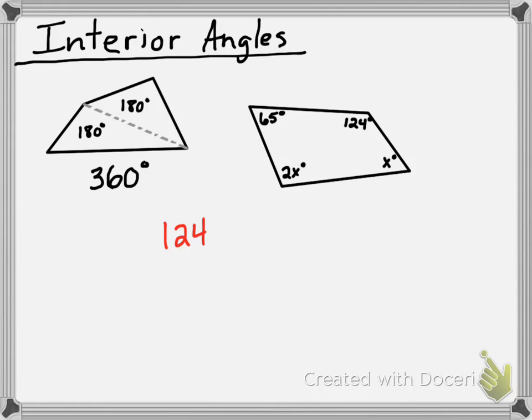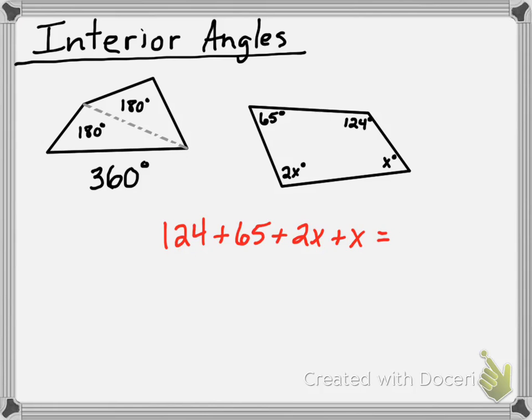So I have 124 plus 65 plus 2x plus x. See, all I did was add all four angles together. Now, did I actually add them together? No, I just wrote down I'm going to add them together. Okay?